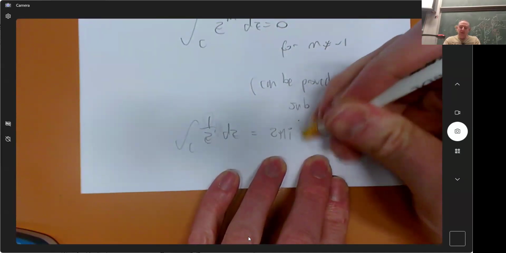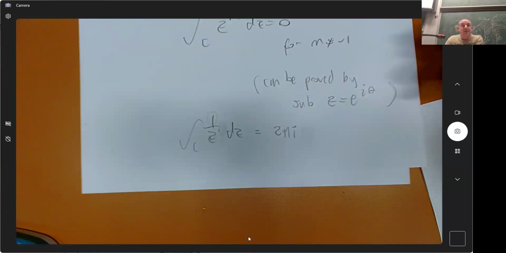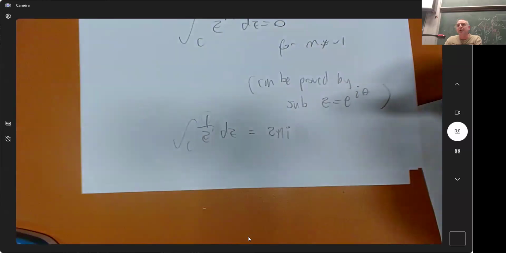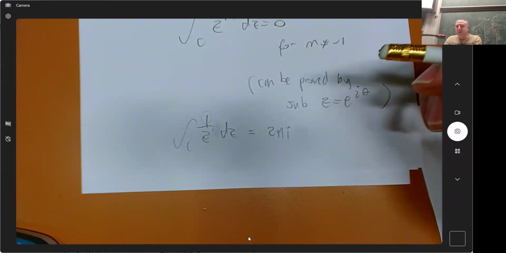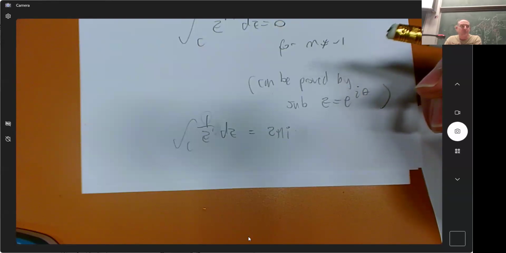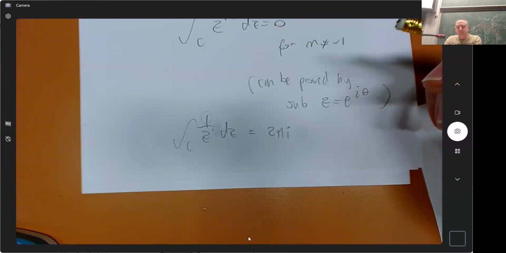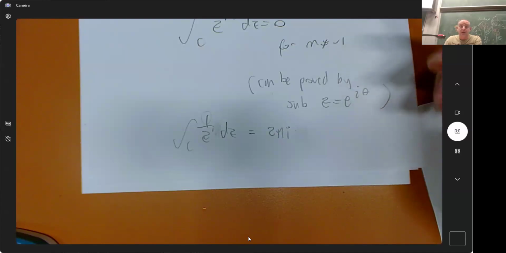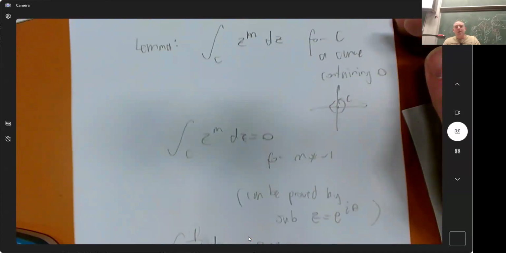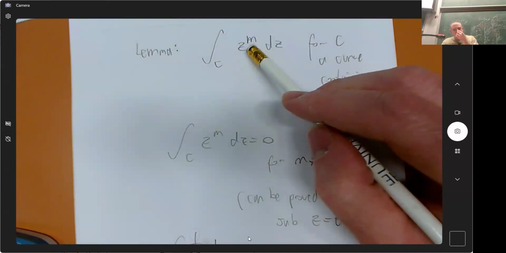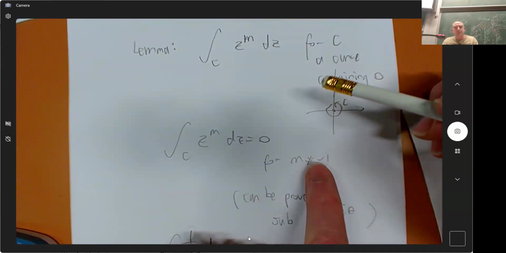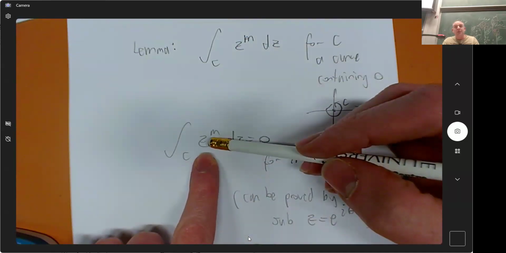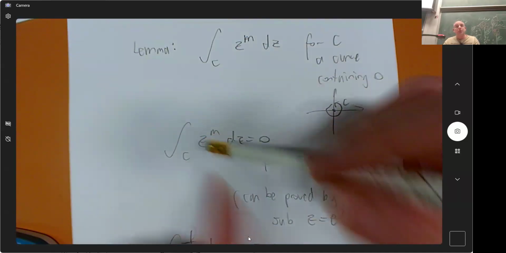The residue is very similar to this. But the residue is designed for things that aren't just 1 over z, but also 1 over z squared and 1 over whatever, and for some other function divided by z squared. That's the issue. So, yeah, they're very, very similar. This is 0 if that power exponent is not -1. And this will work perfectly well if we change the center. I'm just putting in a different spot.